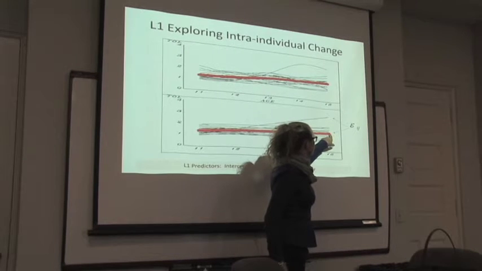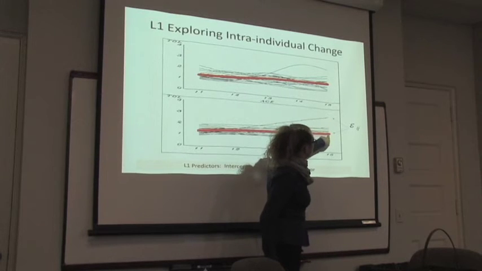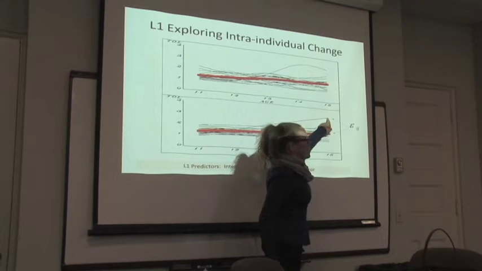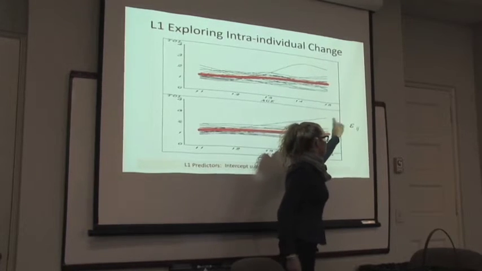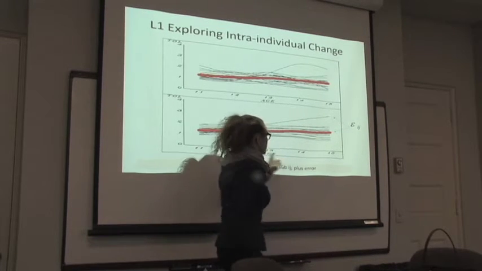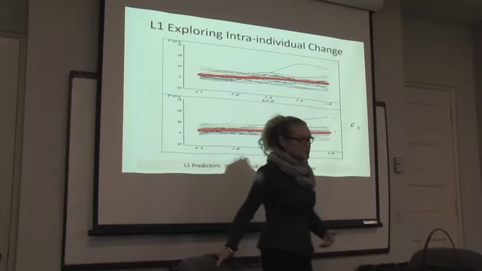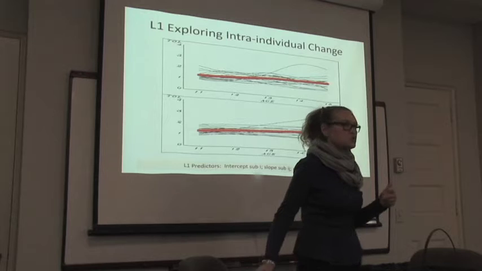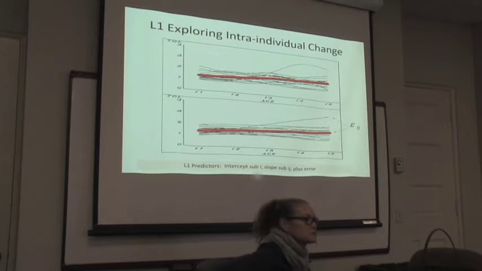So one error term of the predicted slope across individuals versus this one bad kid over time, right? So I are the lines and J are the time points, right? I's are individuals and J's are time points, or students or patients. Am I saying that right?